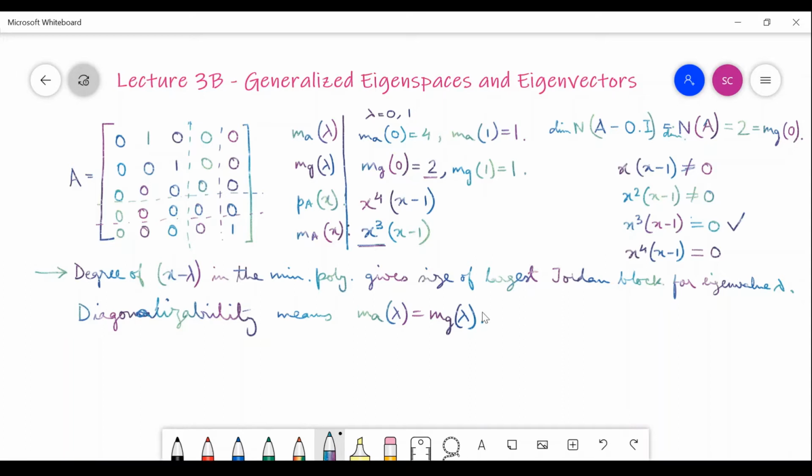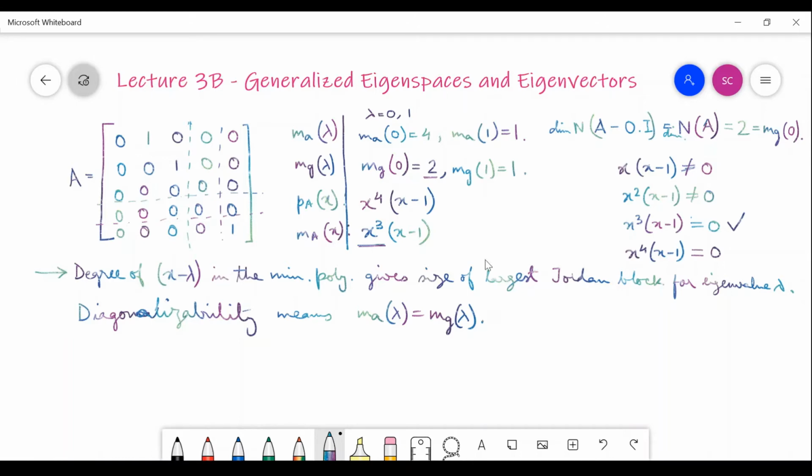That is the usual case, but it may so happen that the algebraic multiplicity is more than 1, and even then if the geometric multiplicity is equal to the algebraic multiplicity, there is no problem, the matrix is diagonalizable. The problem happens when the algebraic and geometric multiplicities are different, and then you have to do all these things that we are doing.